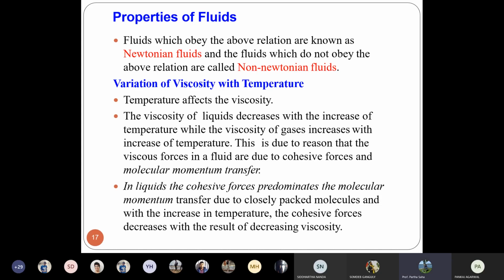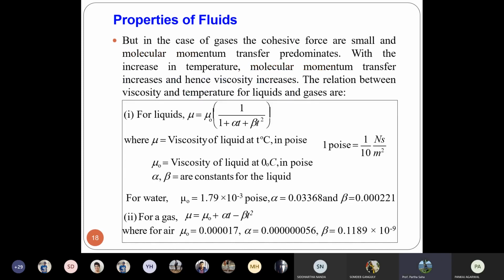The cohesive force decreases, and so the viscosity also gets affected and decreases. Whereas in gases, the cohesive forces are small, and the molecular momentum transfer predominates. With an increase in temperature, the molecular momentum transfer increases, and therefore viscosity increases.